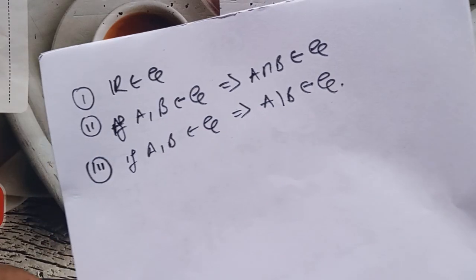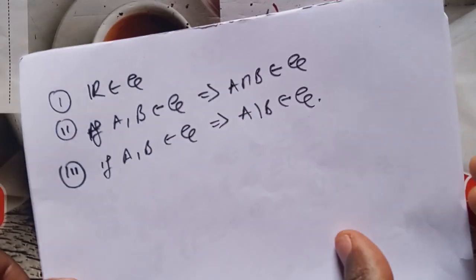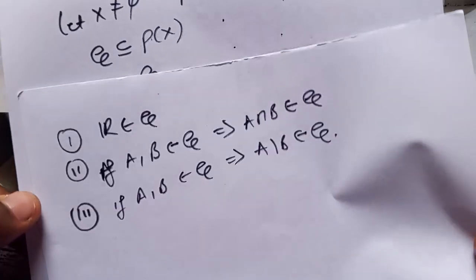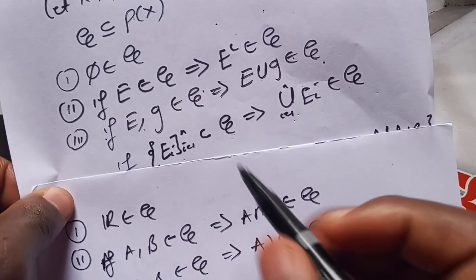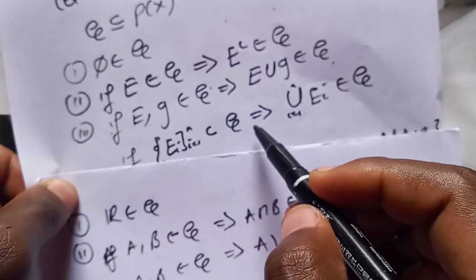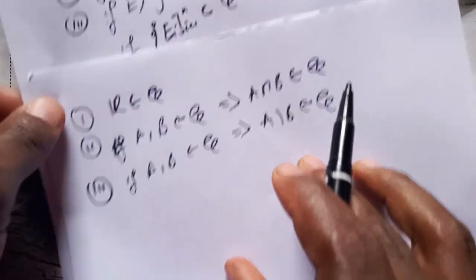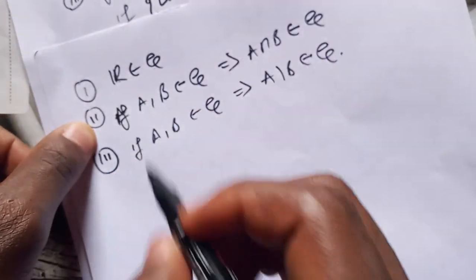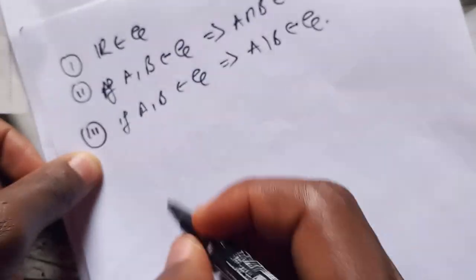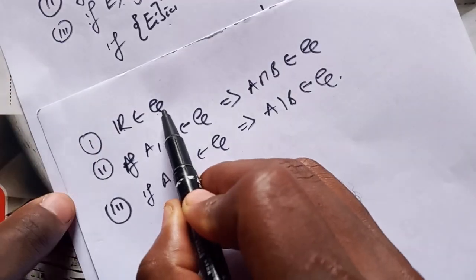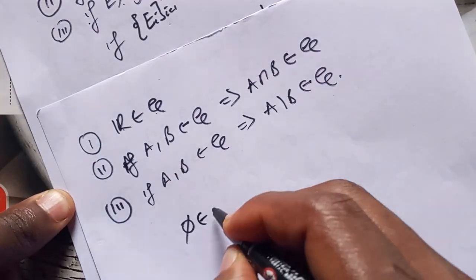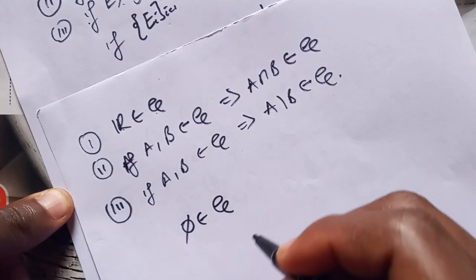Now remember the rules for a class to be an algebra. The class must satisfy these 3 basic conditions. If we want to show that R is in the algebra, then by definition, if this is already an algebra, the empty set is already in that algebra.